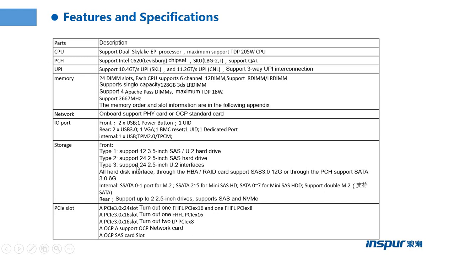Type 3 supports 24 2.5 inches U.2 SSD drives. All hard disk interfaces through the RAID card support SAS 3.0 12 Gb, or through the PCIe support SATA 3.0 6 Gb.